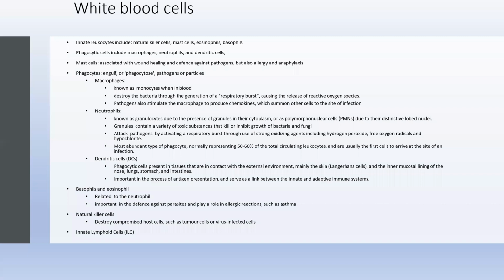So innate leukocytes, please go and learn about them. Then the other characteristic you're going to understand is those cells which undertake the process of phagocytosis, which include the macrophages, the neutrophils, and the dendritic cells. So in a nutshell, phagocytosis is mediated by these cells.